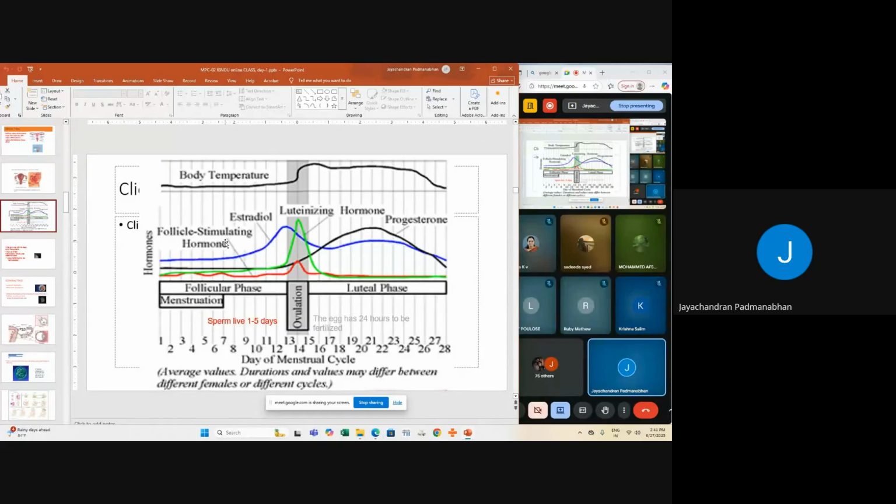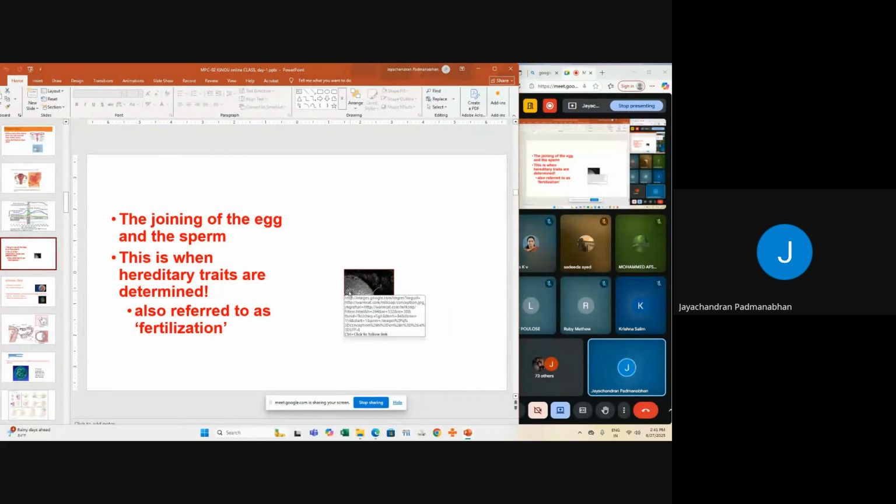When even after 14 days it is not receiving a sperm, whatever bed is prepared, that is follicles prepared in the womb, sorry, in the uterus, that has to be removed. That is coming out as blood and all the structure. So you should be able to know clearly that this is a divine process, not to be ridiculed. Likewise, the joining of the egg, all these things you have to study in detail.